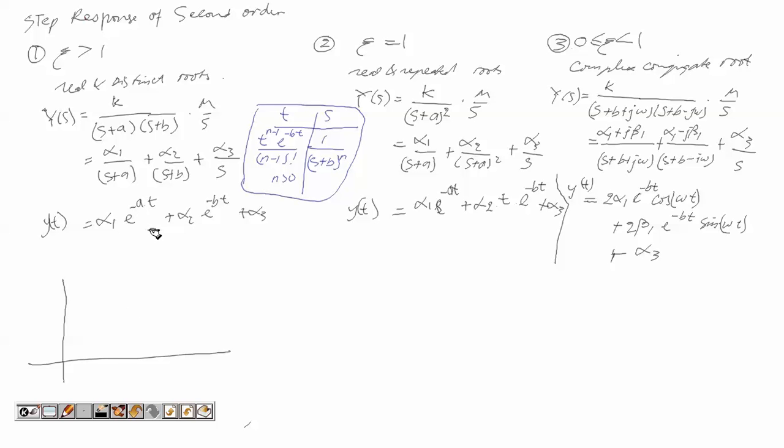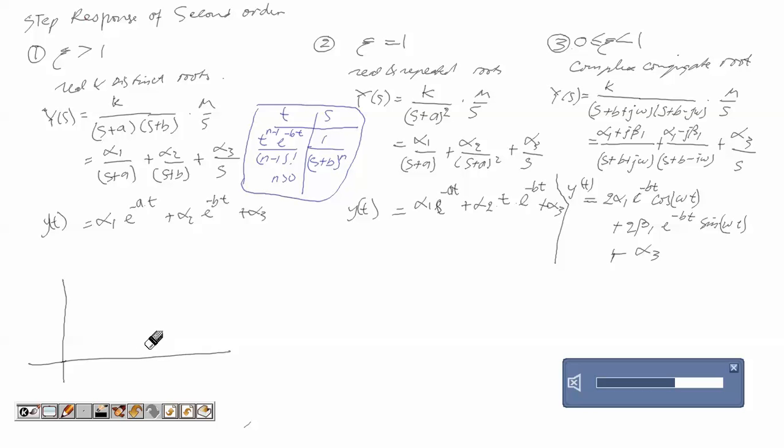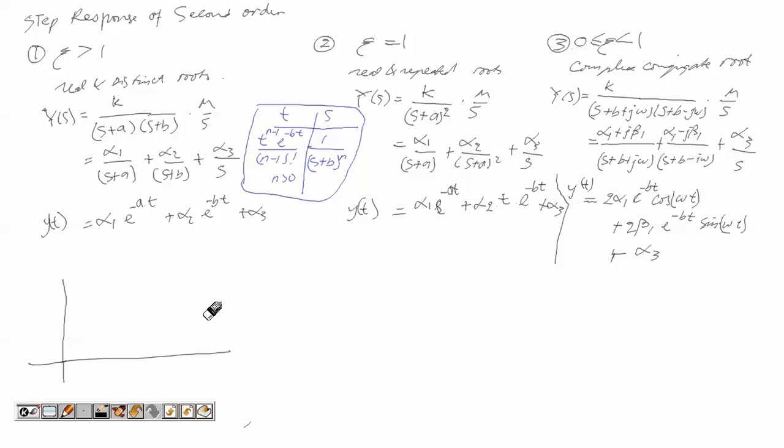On the first case, as you studied before, there are two first order systems. So for the first order like this, the response will be first like this, then like this. So this is the step response of the second order.